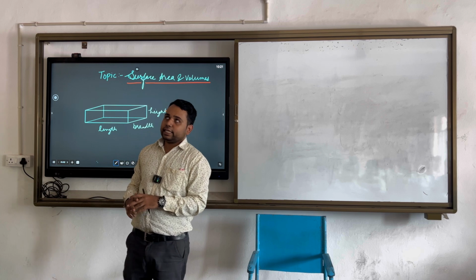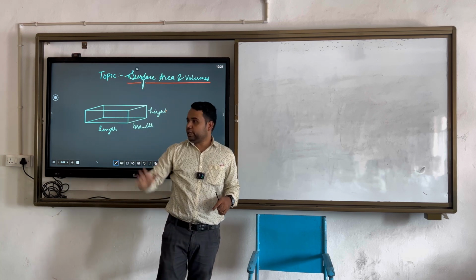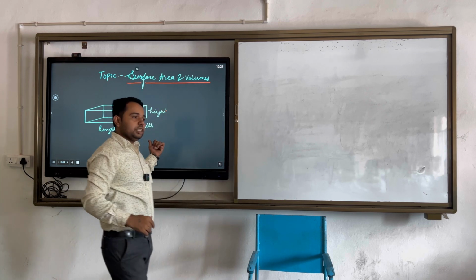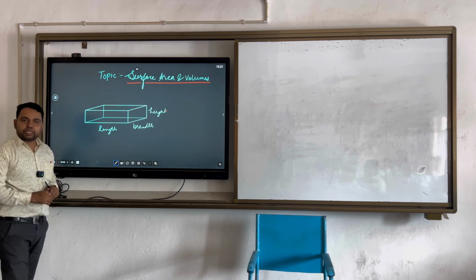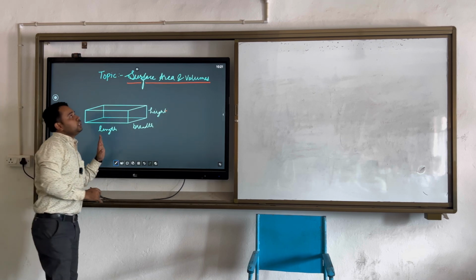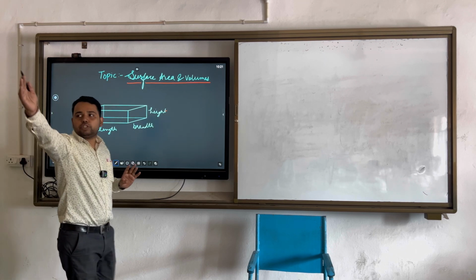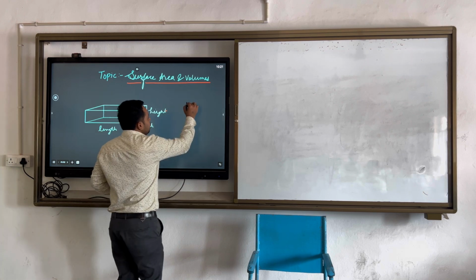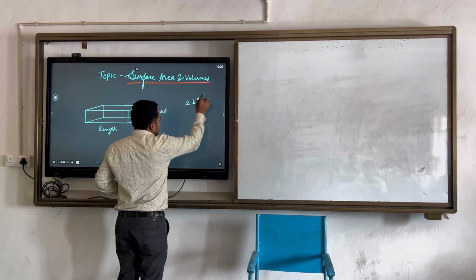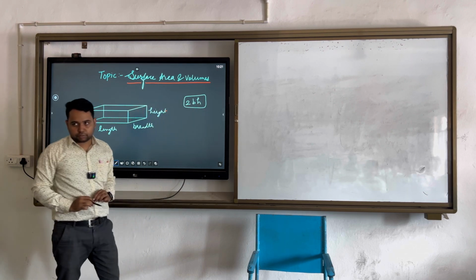We can say this one face, this one face, this one, and this one. So for example, here is also the same picture. If you focus on this face, one is breadth, one is height, and the opposite is also the same, breadth and height. So we have two breadth and height. Understood this or not?